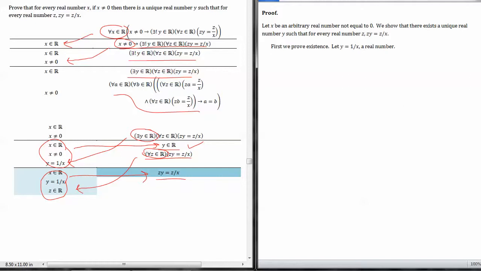And then next we'll say let z be an arbitrary real number for that part, and we'll just say we see that zy, which is z times 1 over x, equals z over x. Okay, so we've arrived at our goal.